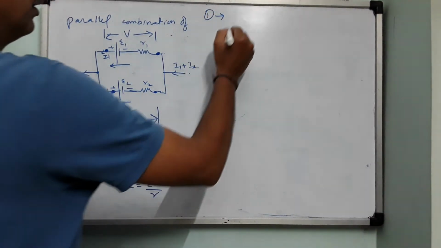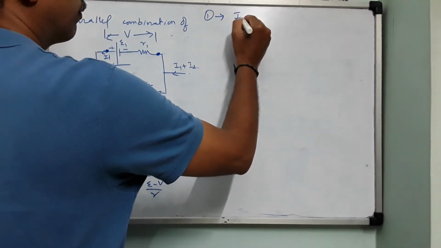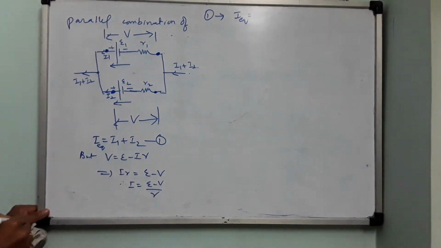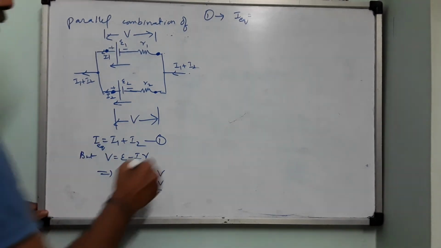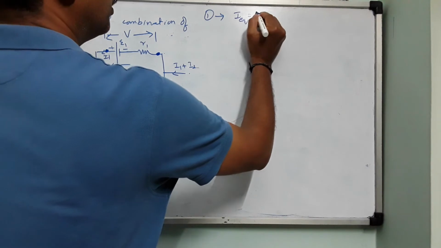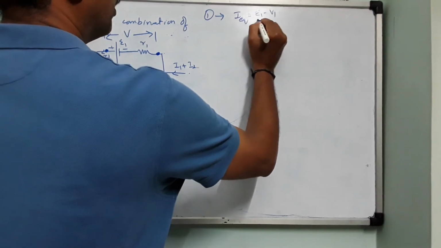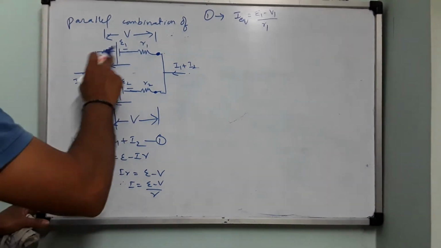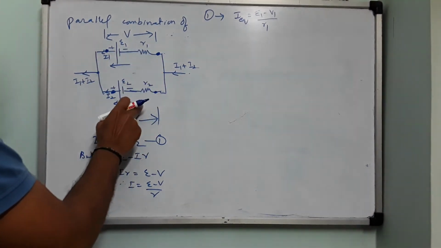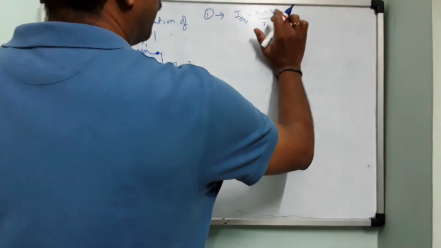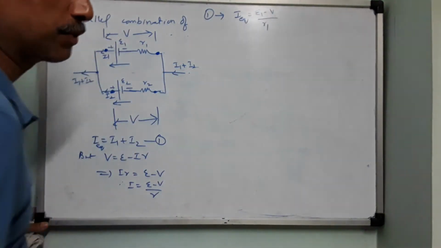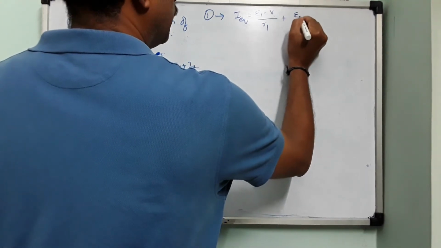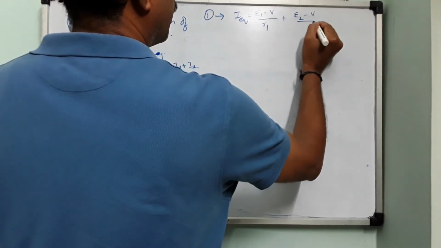Equation 1 becomes I equivalent, the equivalent or net current, equals I1, which is (E1 minus V1) by R1. But we said that the terminal potential difference across the two cells is the same, so there is no need of writing V1 here. I am dropping the subscript. Plus in the place of I2, I write (E2 minus V) divided by R2.